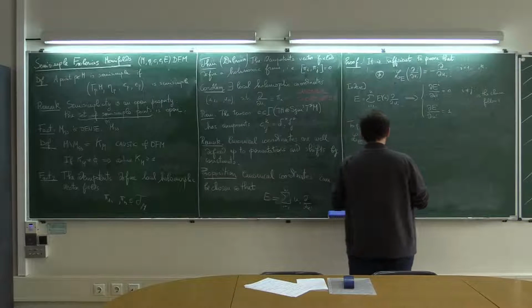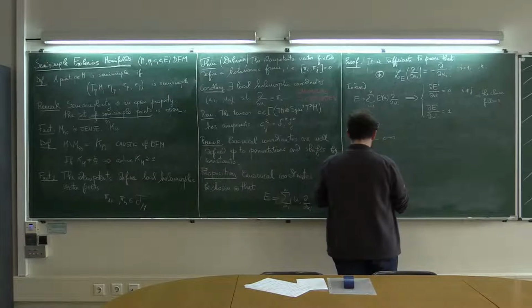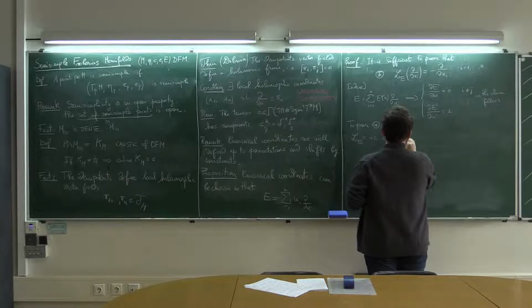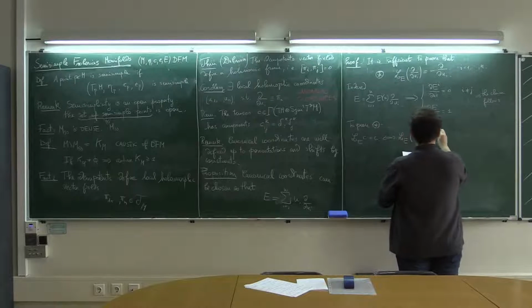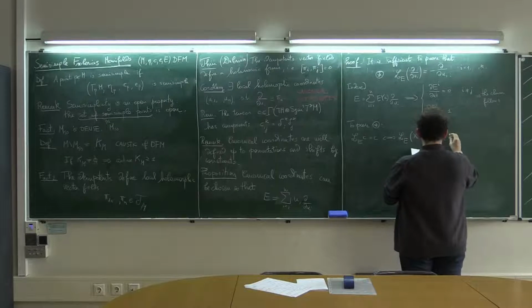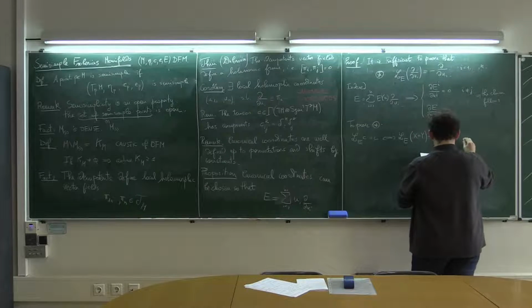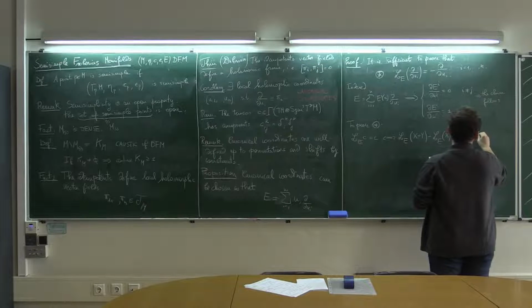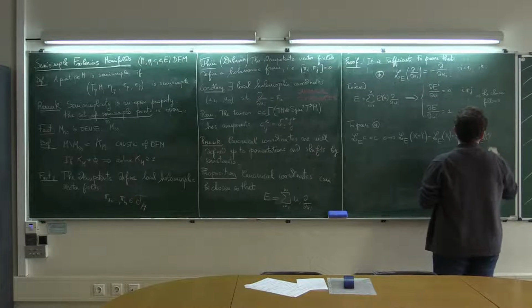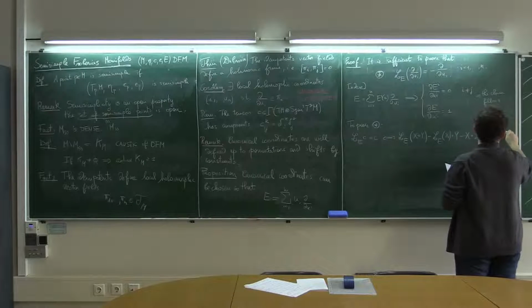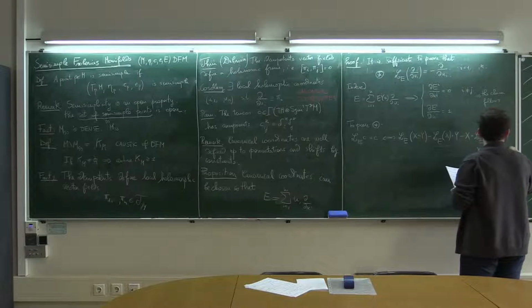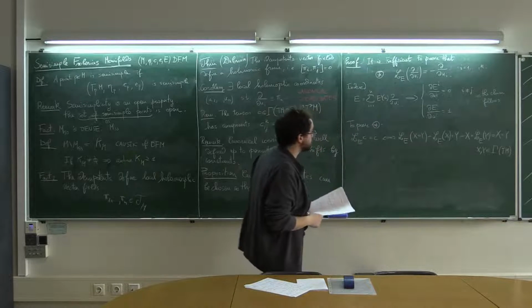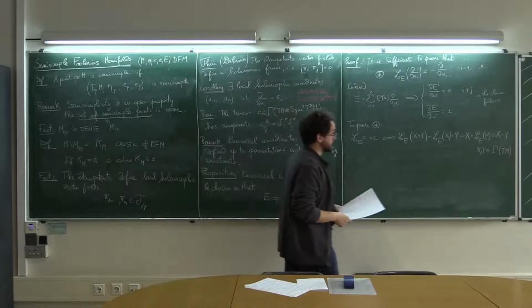It is very easy to see that such a condition is equivalent to the following one: the Lie derivative of the product of two vector fields X and Y, minus the product of the Lie derivative of X times Y, minus the product of X times the Lie derivative of Y, equals the product of X and Y, where X and Y are arbitrary tangent vectors to the manifold itself.